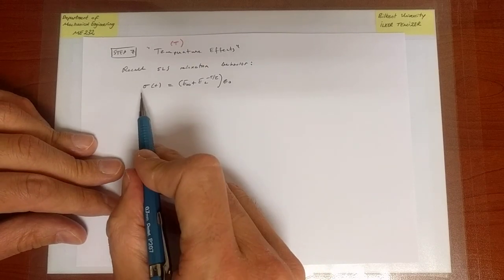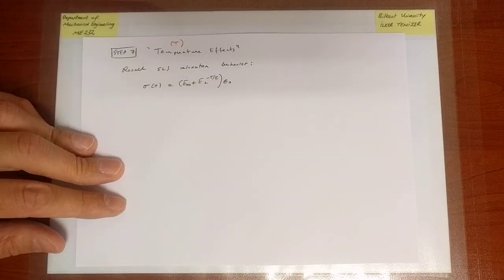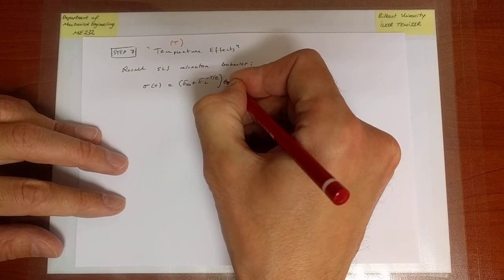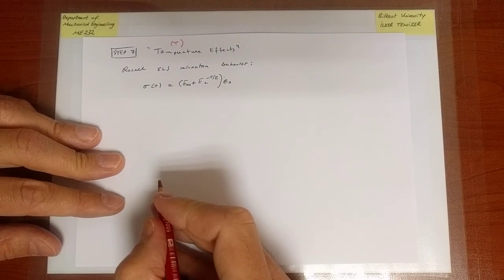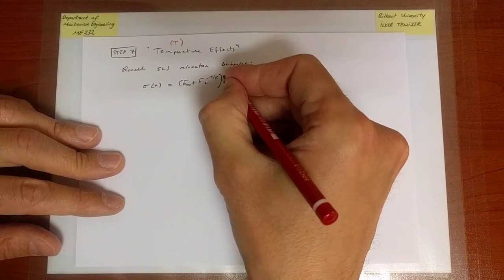So now I am going to divide through by epsilon 0, because the magnitude of epsilon 0 will only scale the magnitude of sigma, but not alter its general time-dependent behavior.